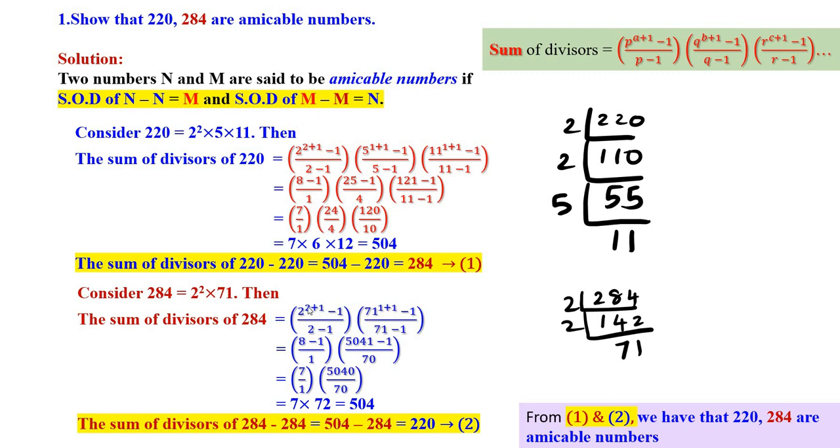So 2 power 2 plus 1 minus 1 by 2 minus 1, and here 71 power 1 plus 1, because B is 1, minus 1 by 71 minus 1. So you get 2 cube, that is 8 minus 1, and here 71 square, and simplification gives us 504 as the sum of divisors of 284.